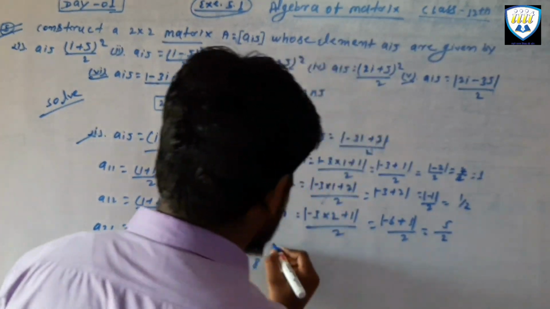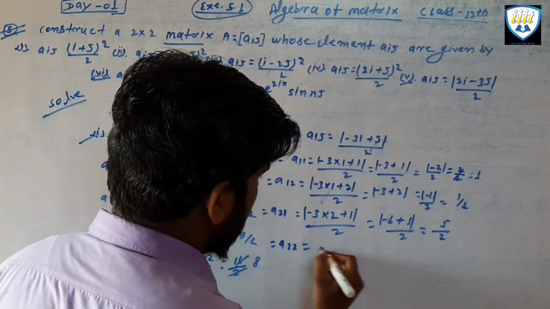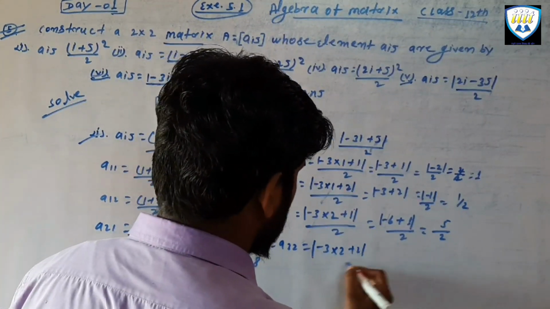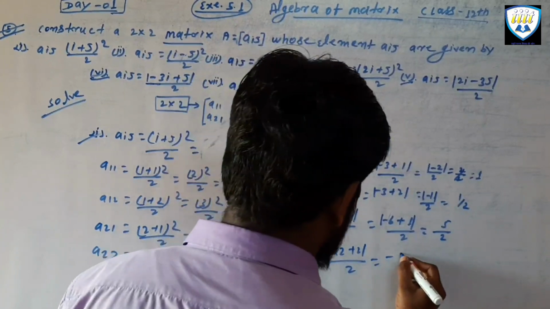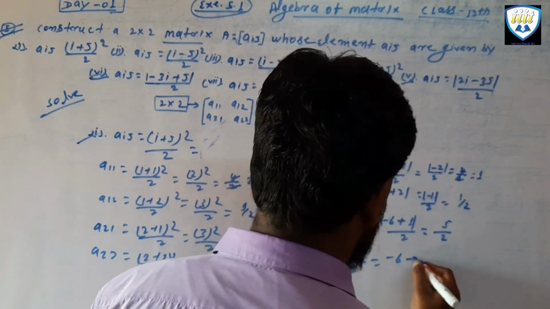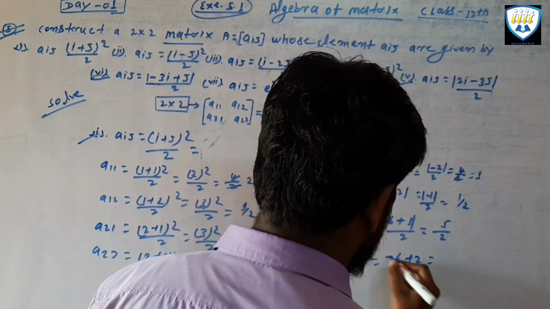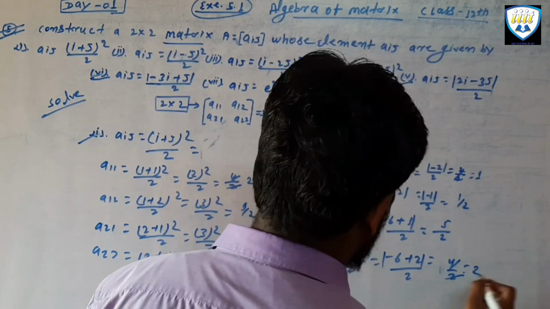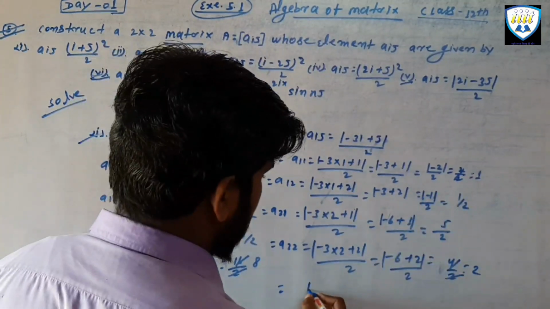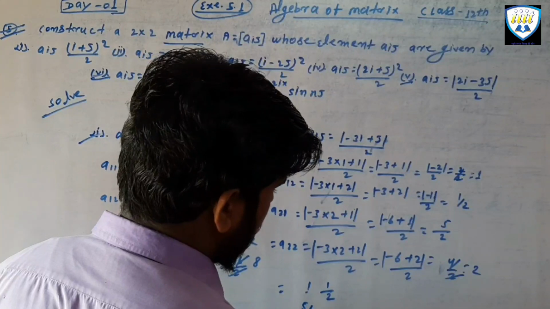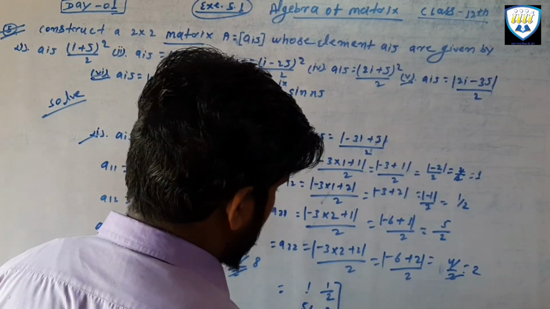And A22 is mod of (minus 3 into 2 plus 2) upon 2, minus 6 plus 2, upon 2, mod of minus 4 upon 2, which is 2. So the matrix is 1 upon 2, 5 upon 2, 2. Any doubt?